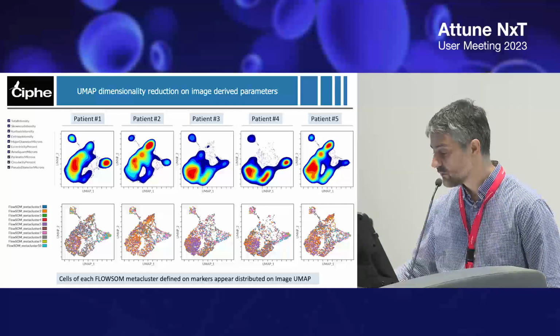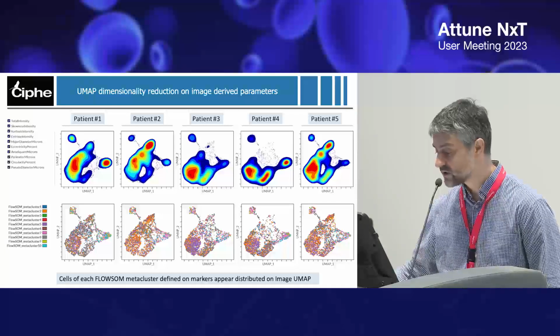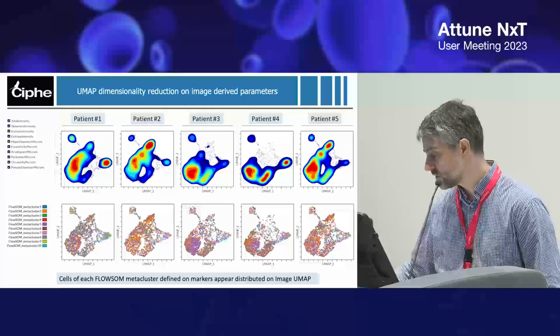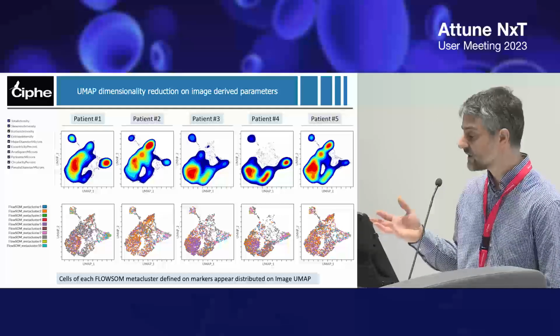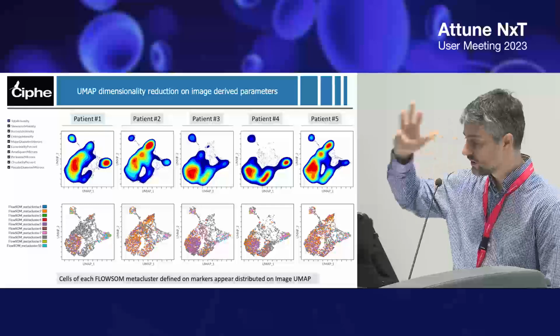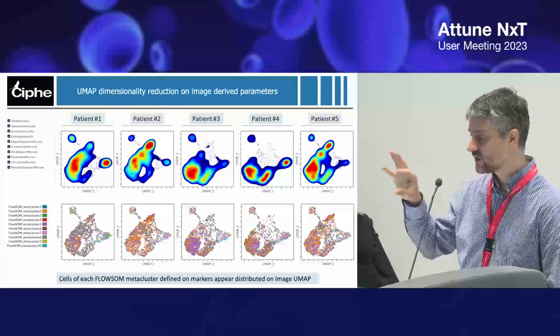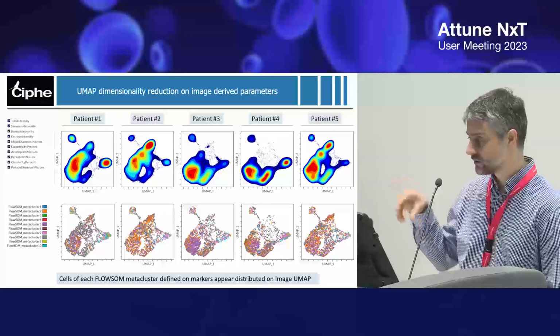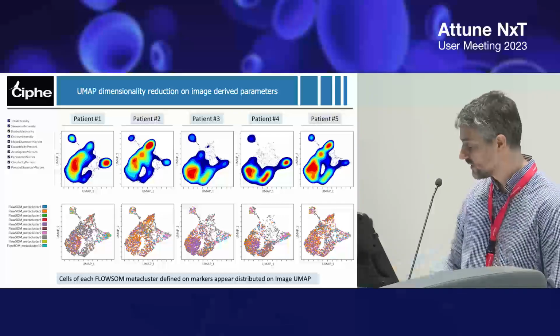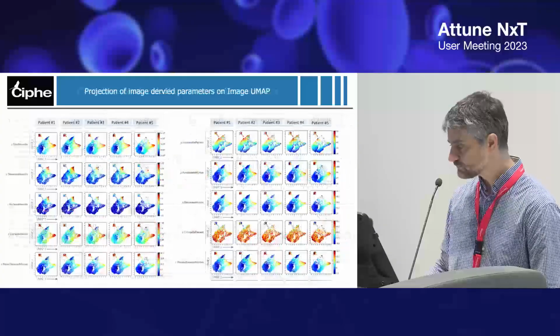And here I have a more pinkish place, which is not true for other areas. Just meaning to say that when you project your populations onto this UMAP dimensionality reduction derived on the image parameters, you will find some cells in some areas of the plots.